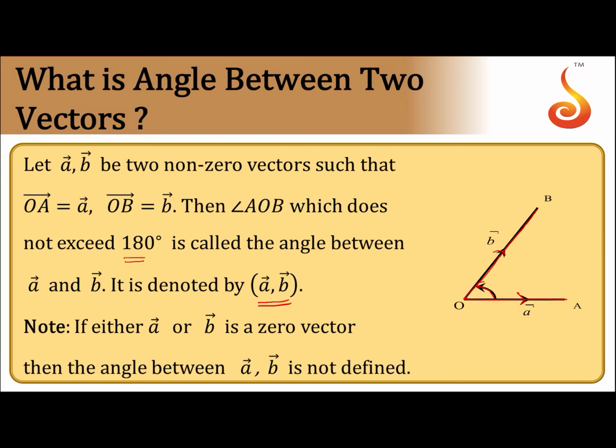It is not actually an ordered pair, it is simply a notation for the angle between the two vectors A bar and B bar.